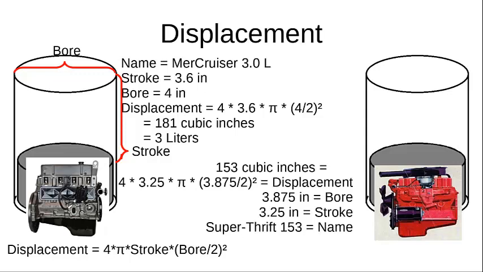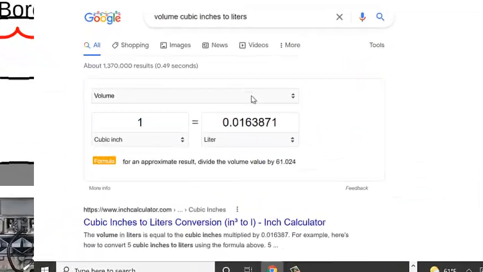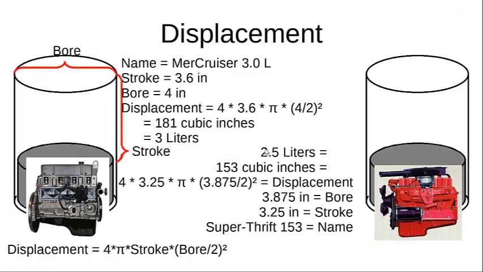Now, 153, we know it's cubic inches because, again, 3.25 inches and 3.875 inches squared. So we know this means cubic inch. And again, if you put this in an online converter, you'll know that this equates to 2.5 liters, right? And so this means the same thing. It's just another way of expressing it. One is the English system, and the other one is the metric system.